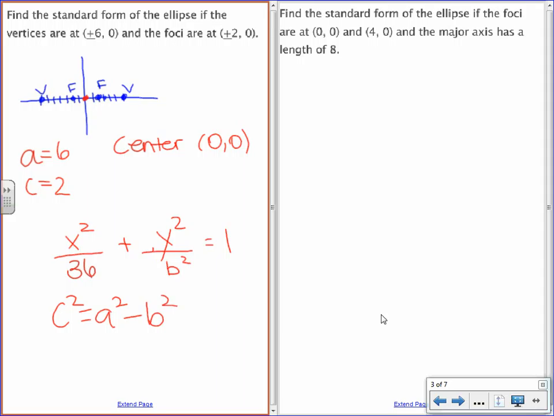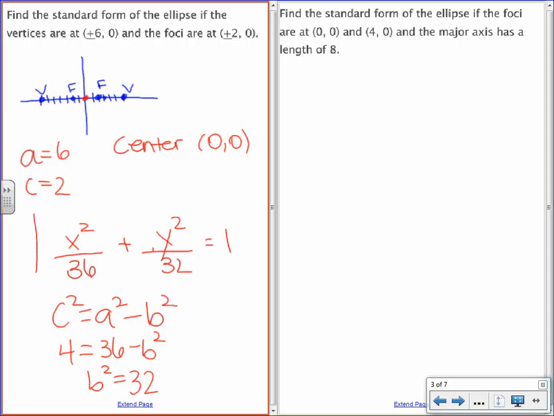Okay? So we have 4 equals 36 minus b squared, which means b squared is 32. What's nice is we want b squared. You can say that b is radical 32, and that's great, but then you're going to have to square it again. So I'm just going to stop here and say that my b squared is 32.